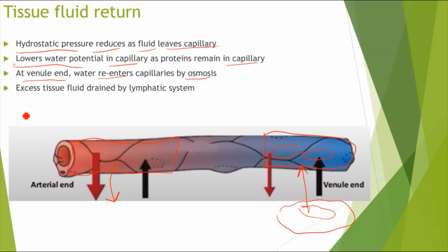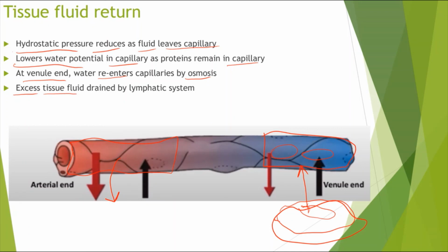And finally, the excess tissue fluid which we have here. Remember that we need to get rid of this tissue fluid, because it will now contain, for example, carbon dioxide and other waste products which we need to get rid of, as our cells have respired and so have used the oxygen, so now we have the CO2.